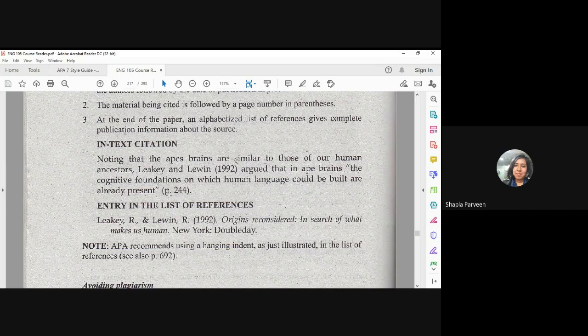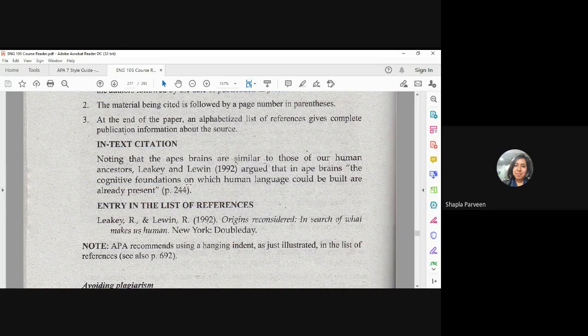If there were more than one page, you would write pp., say 244-245. That is only if the information has been taken from more than one page, then you have to write pp. But since it's a single page, it's just a single p.